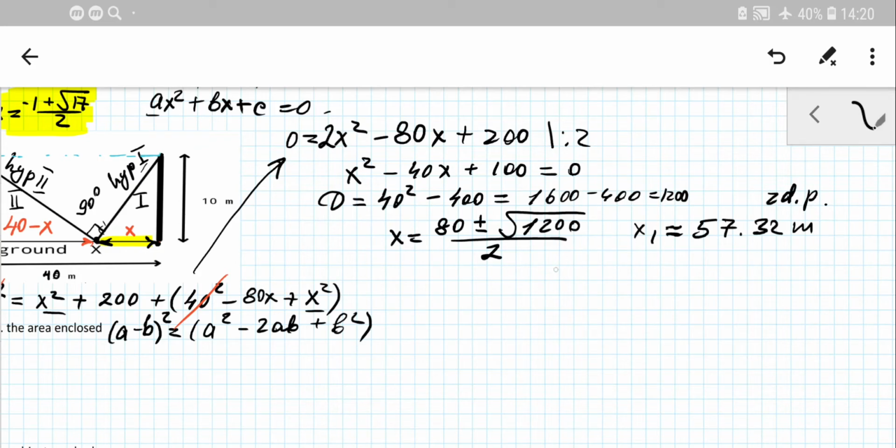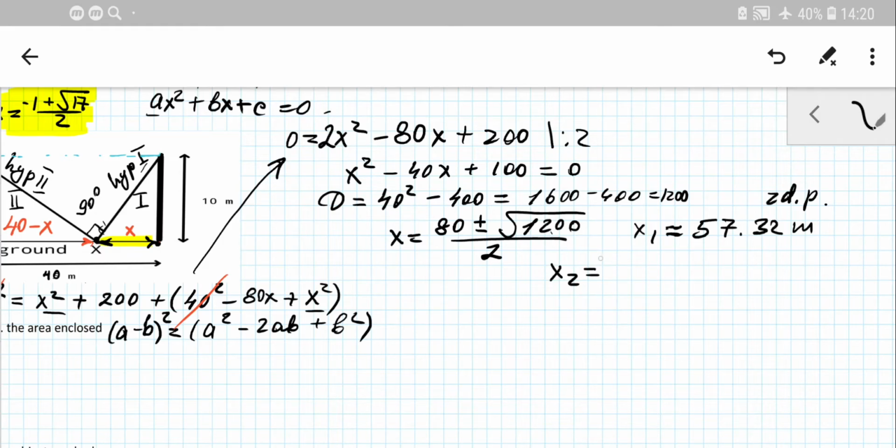So what about x2? If I try to figure out the solution with minus, in this case 80 is more than the square root of 1200, because if you raise 80 squared, you'll get 6,400, which is more than 1,200.